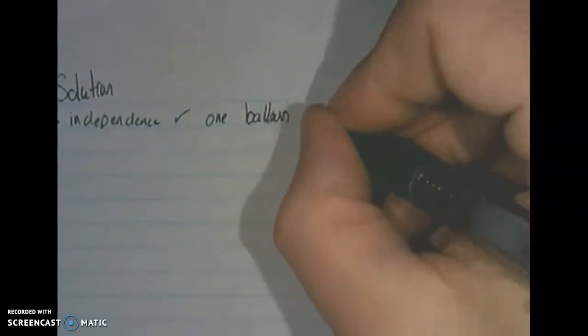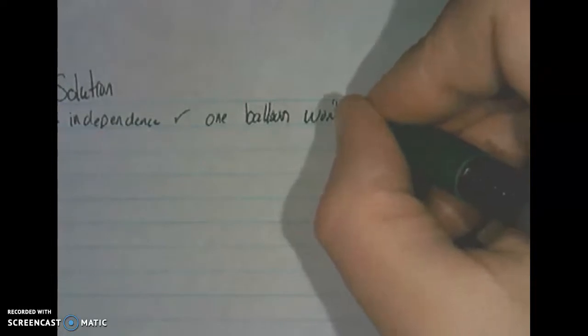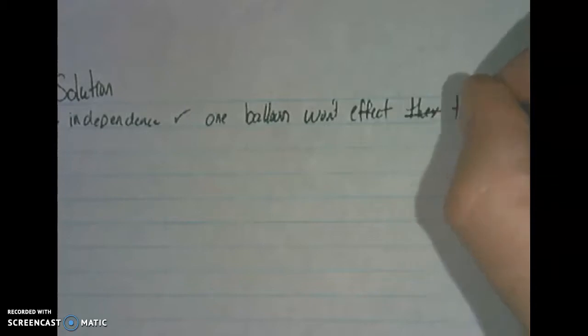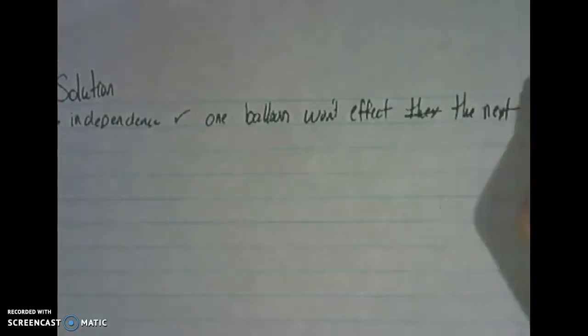So let's do our 4 conditions. Independence: I'm going to say check, one balloon won't affect the next. Random: check, it was stated.